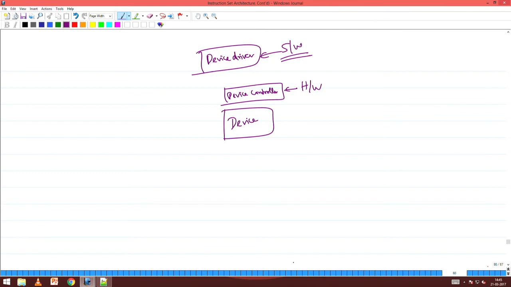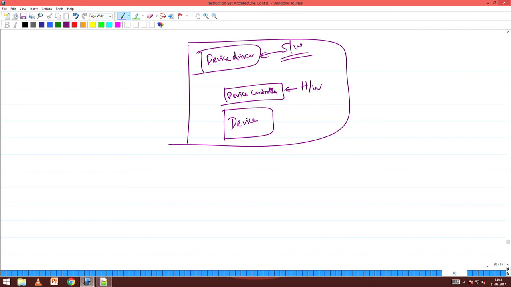So handling a device is in three phases. The device driver programs this device controller to keep accessing the device and give values back.